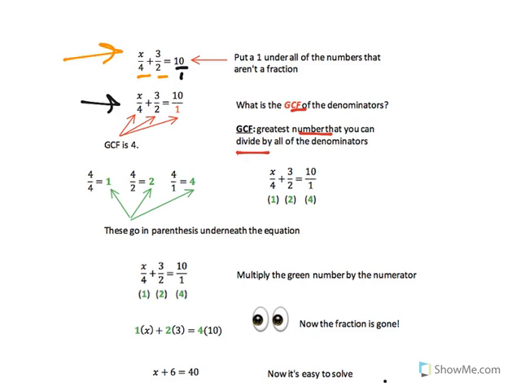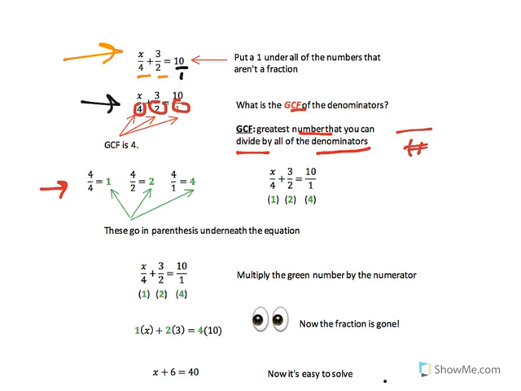Division is the operation by all of the denominators. Remember, the denominator is the number in the bottom of the fraction. So I look over here and I see that my denominators are 4, 2, and 1. I'm looking for the biggest number that I can divide by all of the denominators.